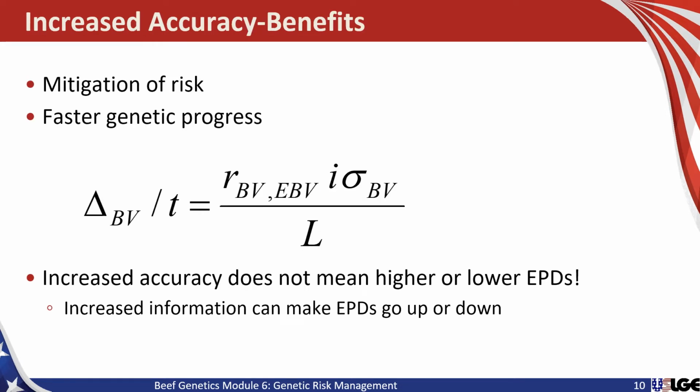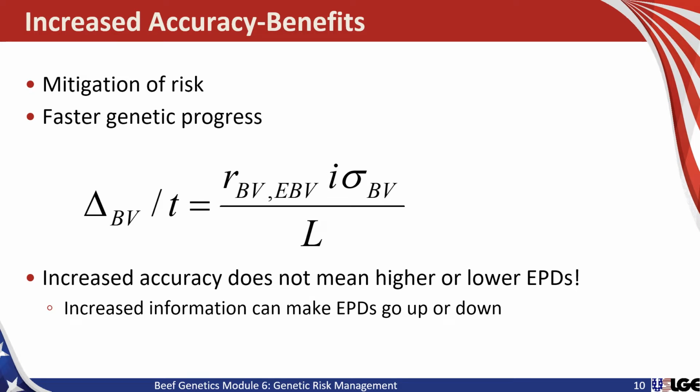So you might ask, well, what are the benefits of increased accuracy? One of the ways we think about that, as animal breeders, is through an equation called the breeder's equation. And the increased accuracy benefits us in a number of ways. One, it helps us mitigate risk, but it also enables us to make more rapid genetic progress.